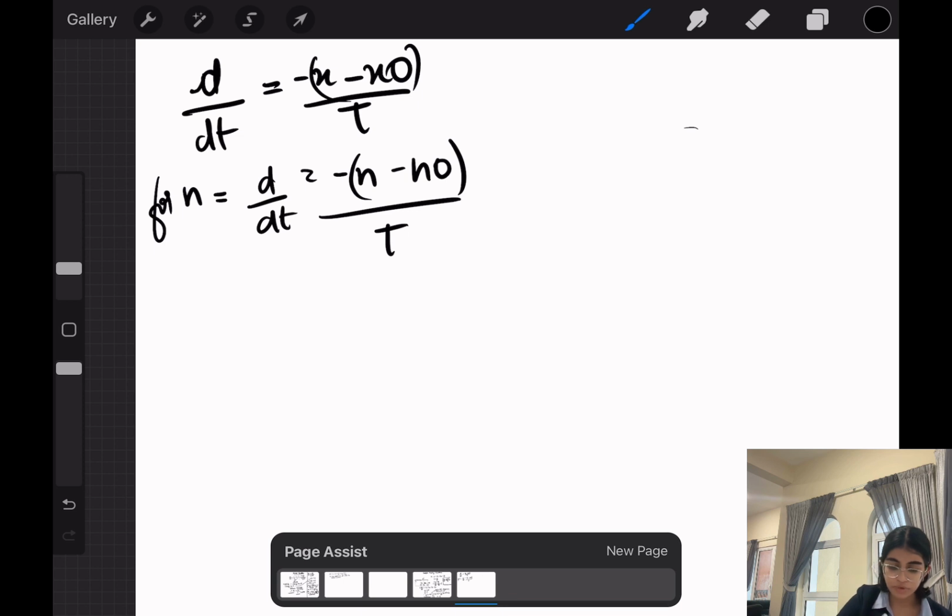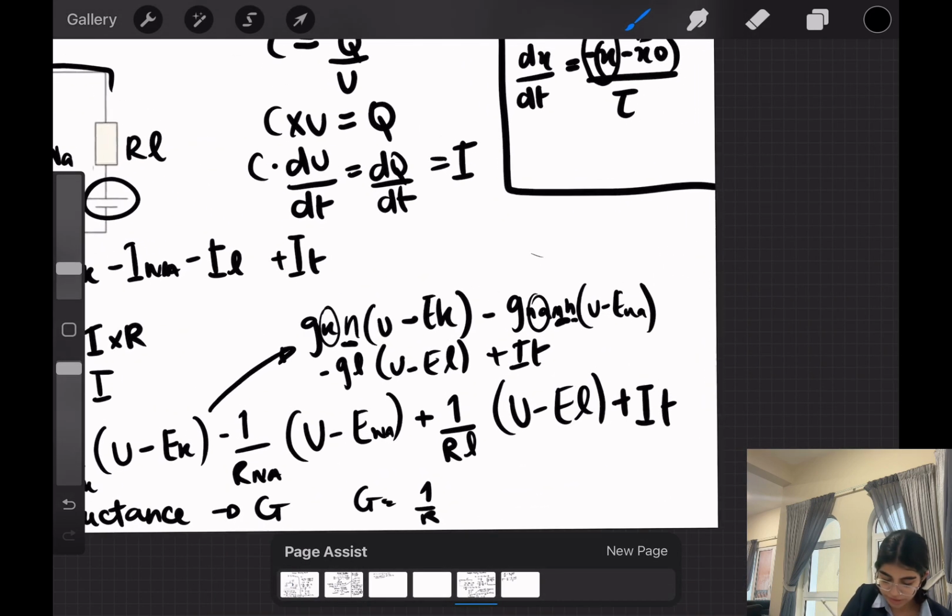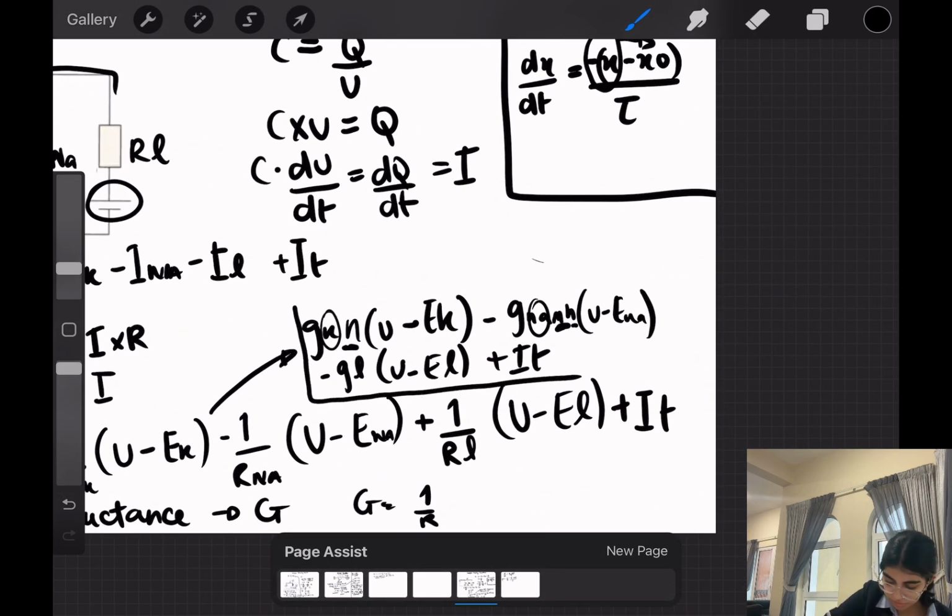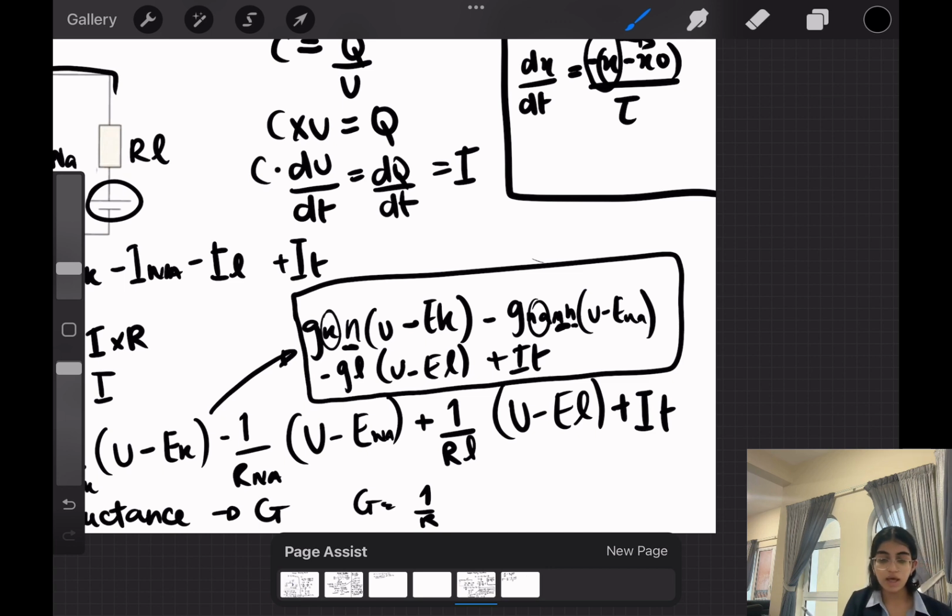And one thing that I forgot to mention is that this linear equation described the behaviors almost accurately, but some of the delayed activations were not correctly described. And therefore, Hodgkin and Huxley proposed to put the power of 4 on n and the power of 3 on m. So M was to the power of 3 and N was to the power of 4.